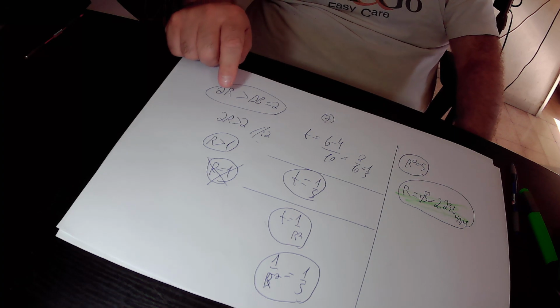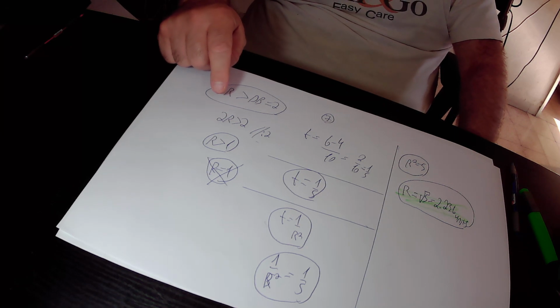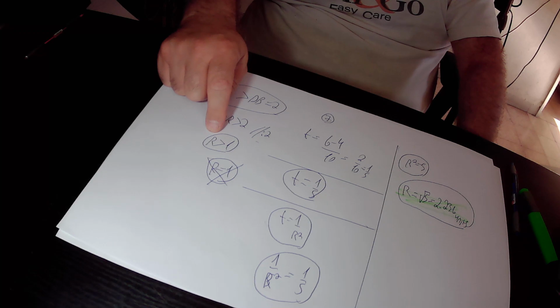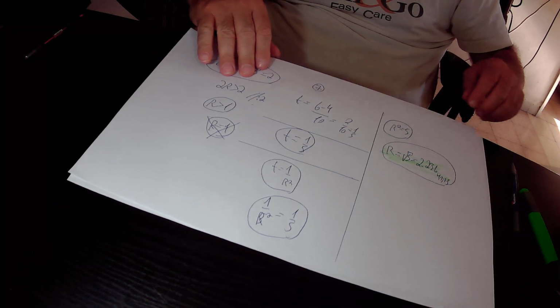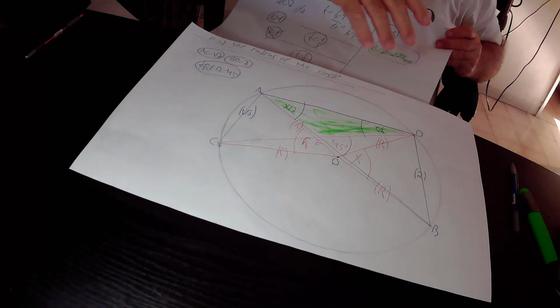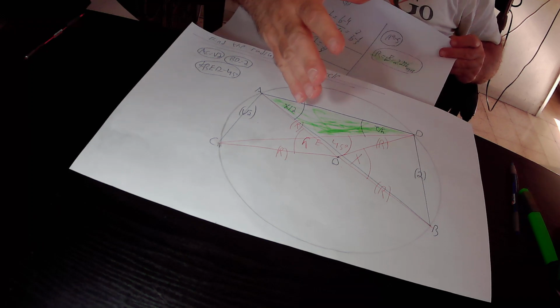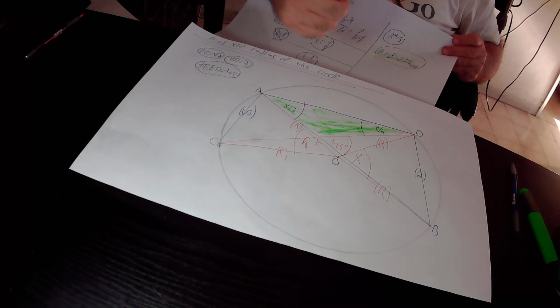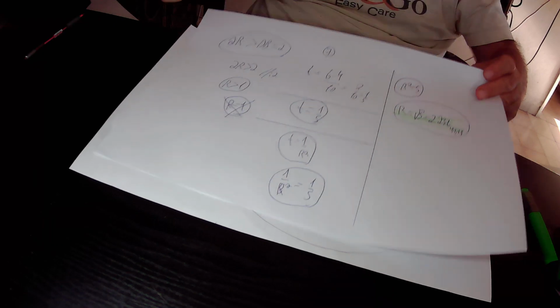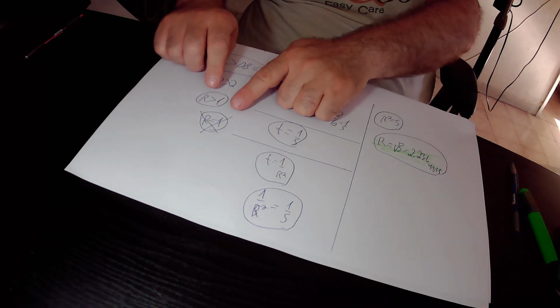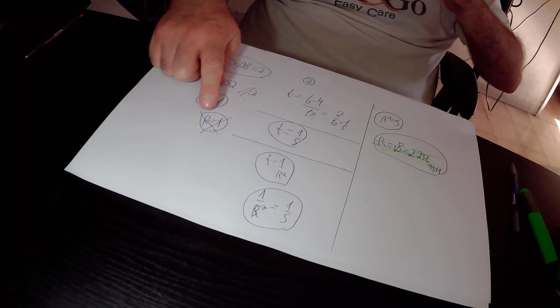Here we divided this inequality by 2, and finally found that the radius r of the circle is greater than 1. If the radius r is greater than 1, the radius r cannot be equal to 1. So we cancel this solution.